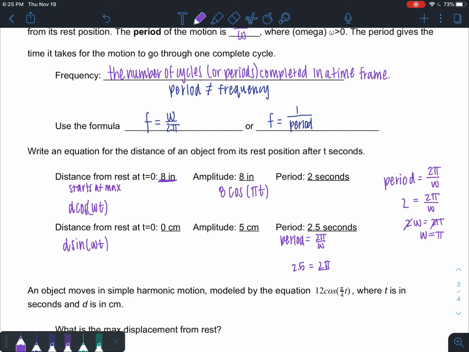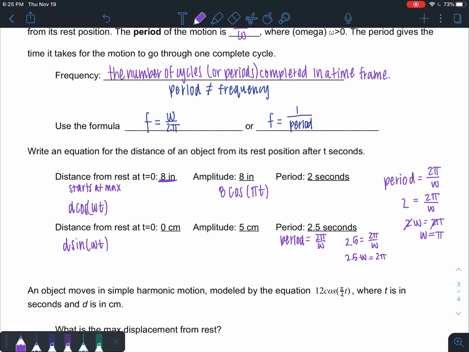Let's clean that up a bit. So 2.5 equals 2 pi over omega. So 2.5 omega equals 2 pi.